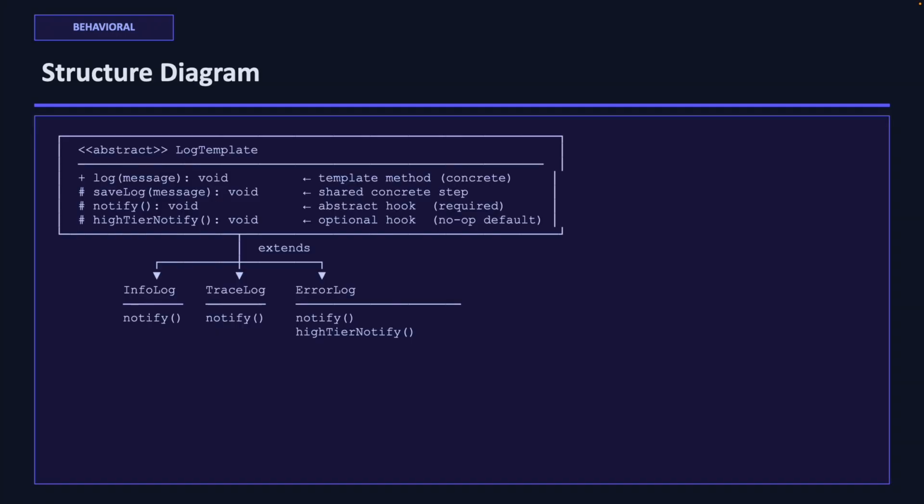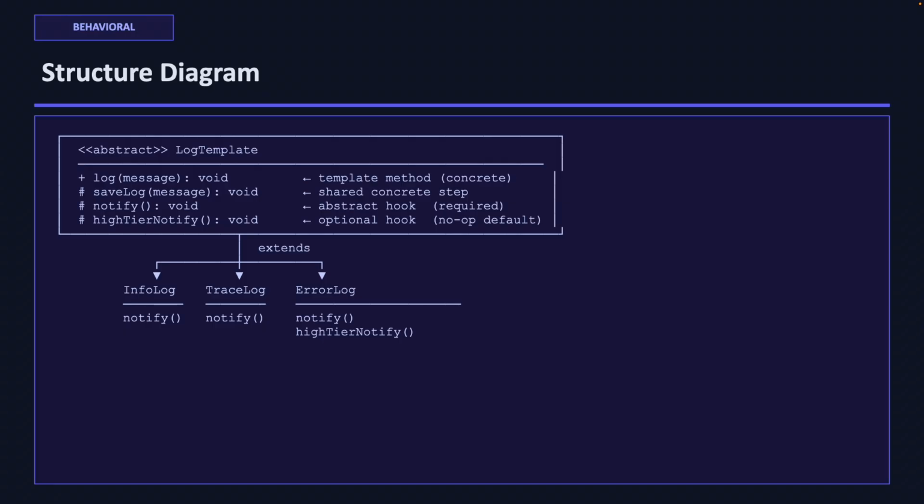So for example, we have what we said in the beginning, a logging example. Here, we're implementing it through a log. The structure is really clean. All we have is an abstract base class. This defines a public method, the template method, that calls a fixed sequence of steps. Some steps are abstract; subclasses will all have to implement those.